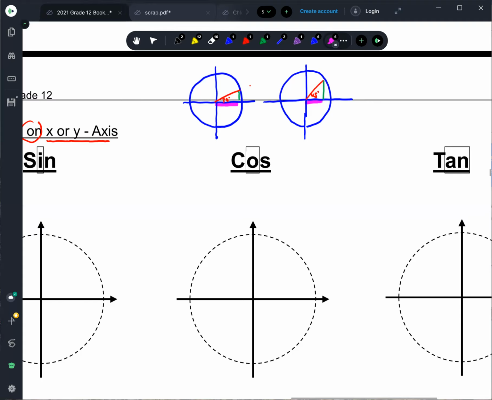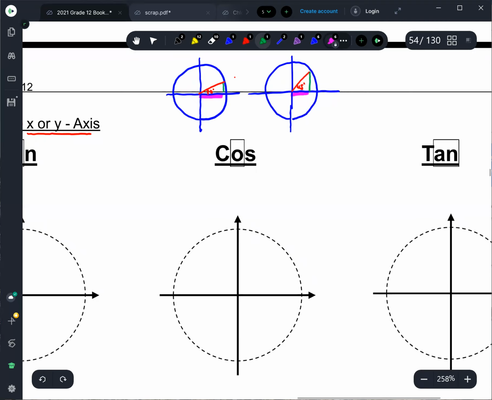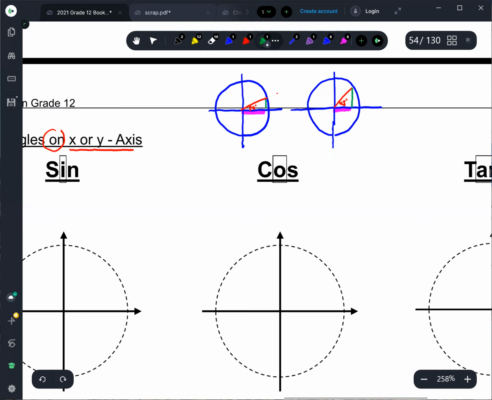Does that make sense? Right, so the opposite side. As we make the angle smaller, I'll repeat that one more time: as the angle gets smaller, from the picture you can see the opposite side gets shorter, and then the adjacent side gets longer.